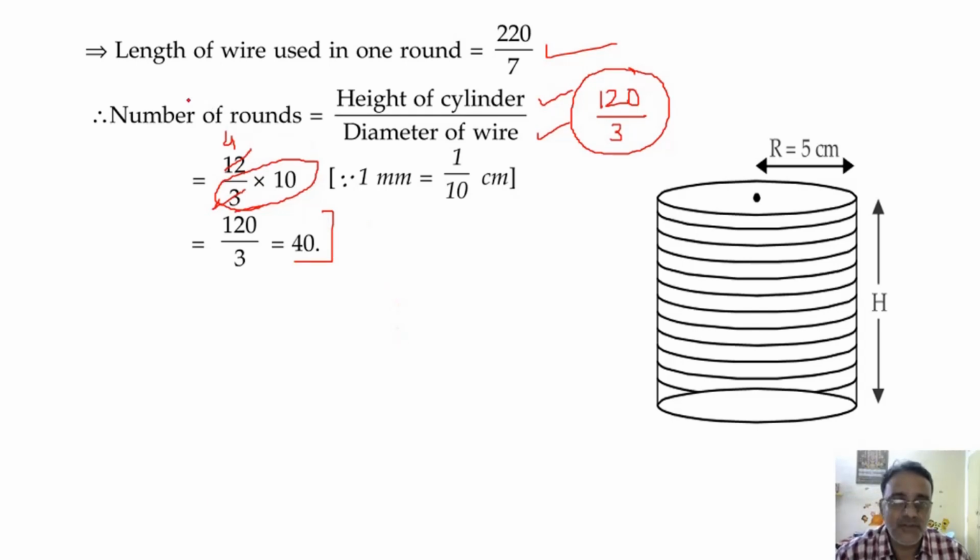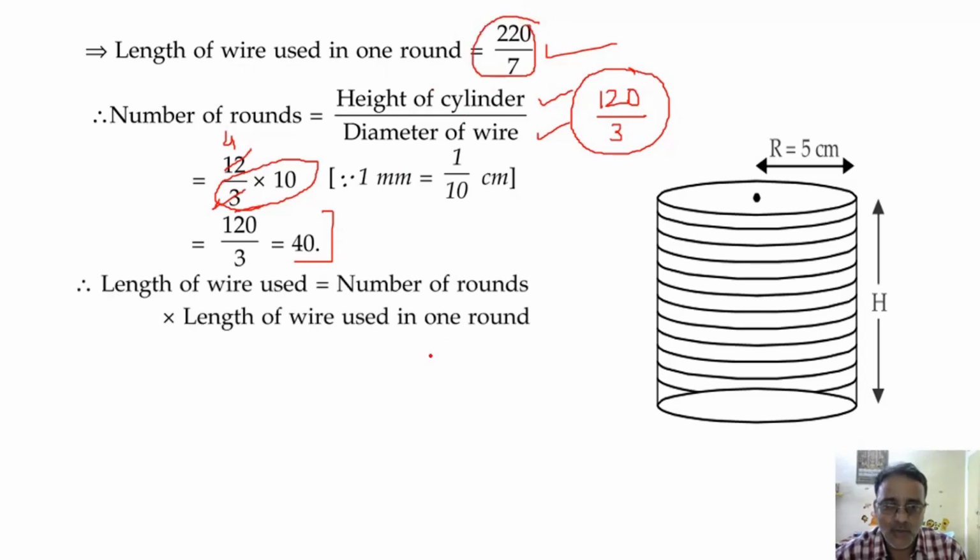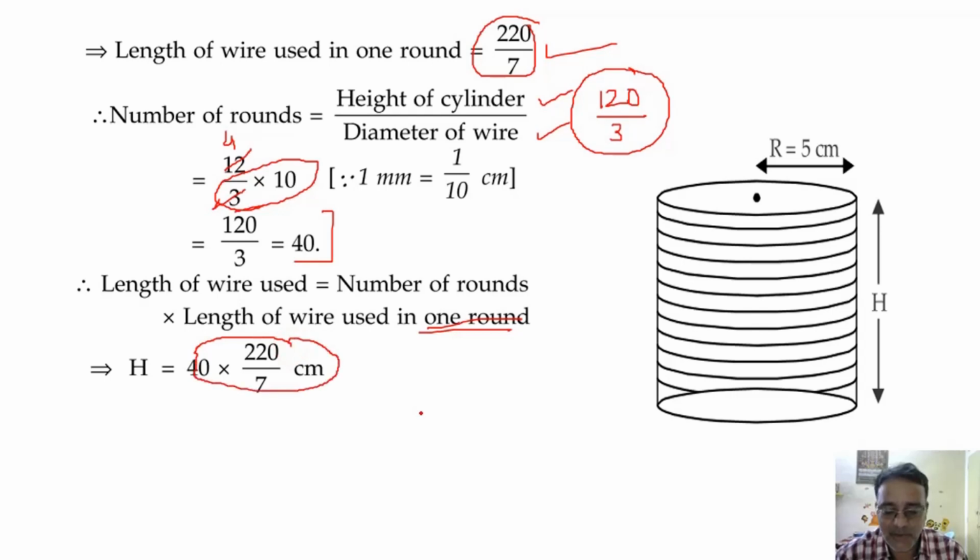Okay, so the total length of wire will be the number of rounds into the length of wire used in one round, that is 40 into 220 upon 7. If you solve this, you will get approximately 1257.14 centimeter.